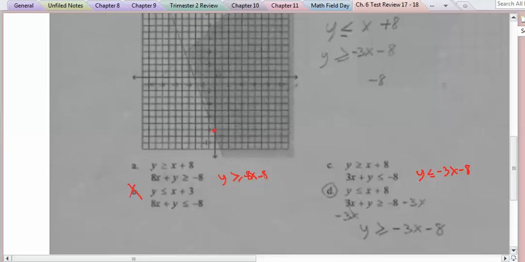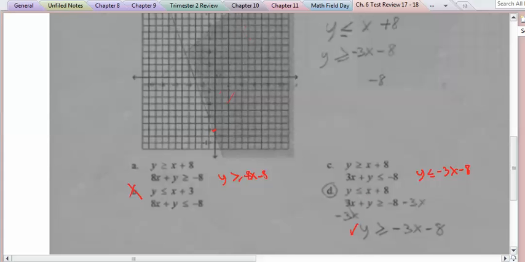But what's our slope? 1, 2, 3 over 1. So we're looking for a slope of 3 over 1 with -8, and it's shaded above the line. -3, 8, shaded above the line. Looks like it's that one.